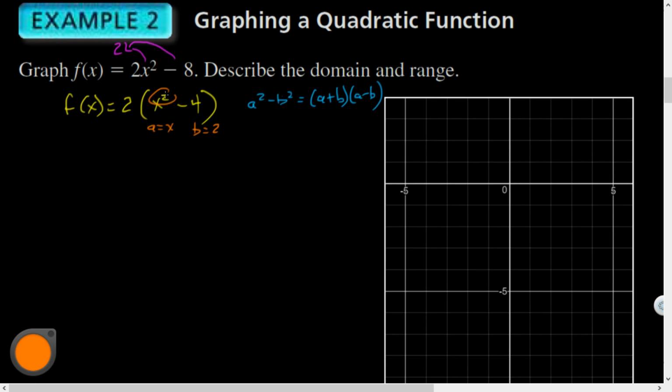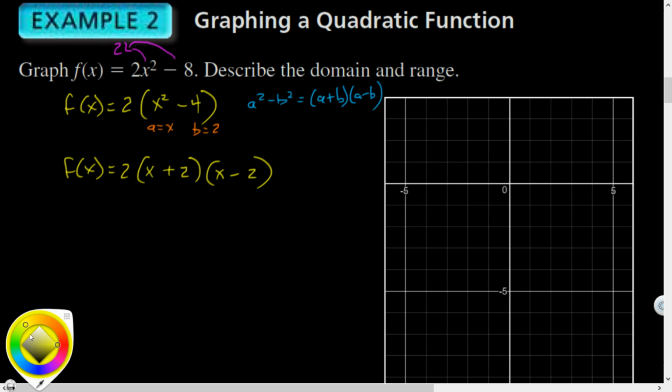I get these by square rooting those values, ignoring the sign. And so this is now going to factor to be f of x equals 2 parentheses, and I'm going to have, remember, these are called conjugates. Wow, I just completely messed up my line, but that's fine. So it's going to be x plus 2 times x minus 2.